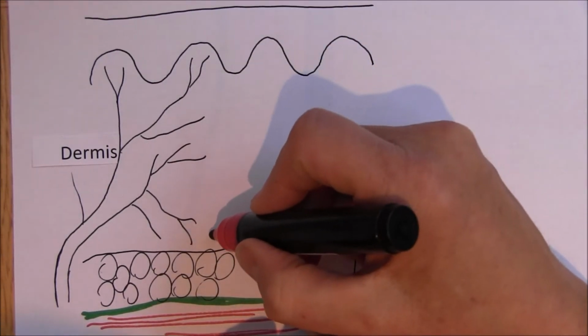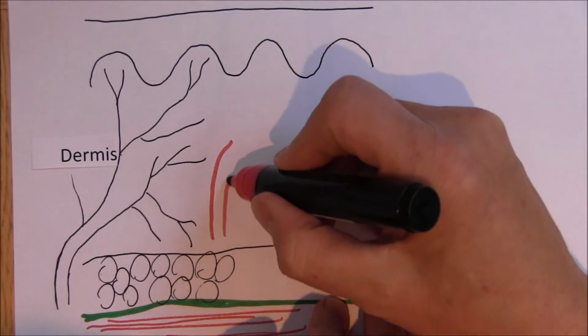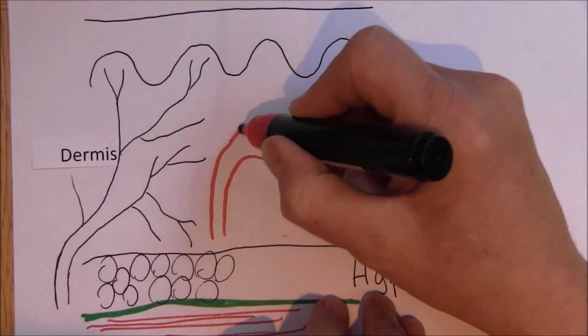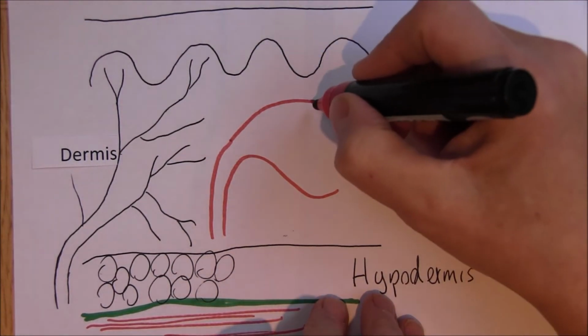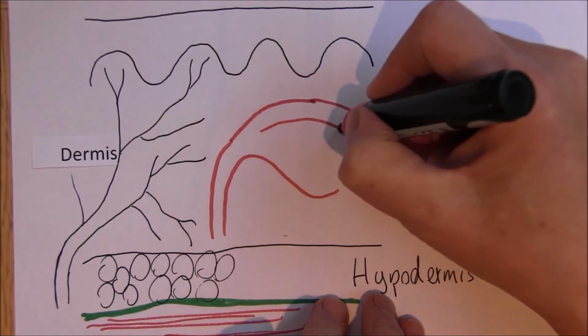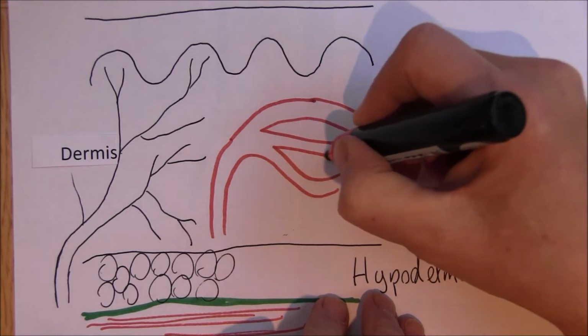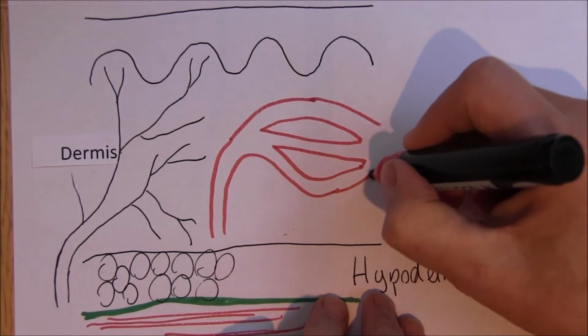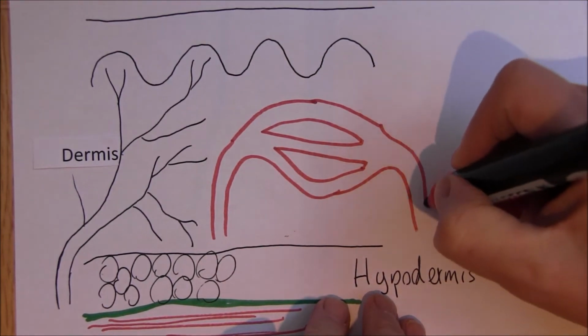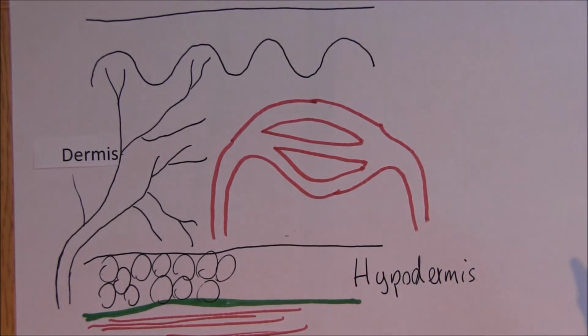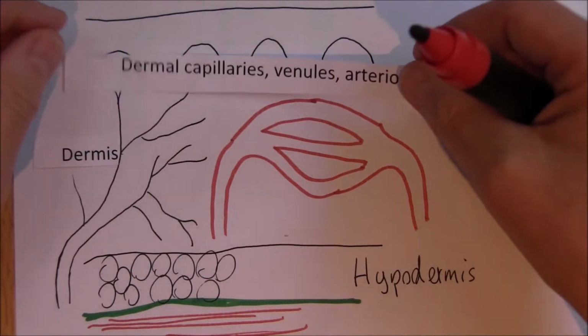So what we have is arterioles carrying blood into capillary networks, untold millions of them in the dermis, draining out via venules in the vascular dermis.